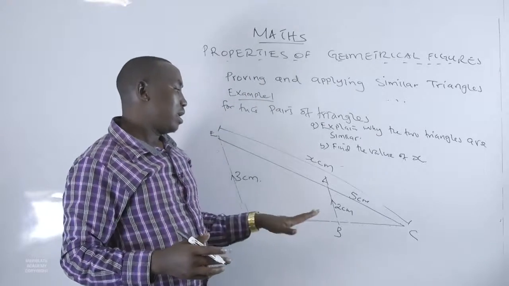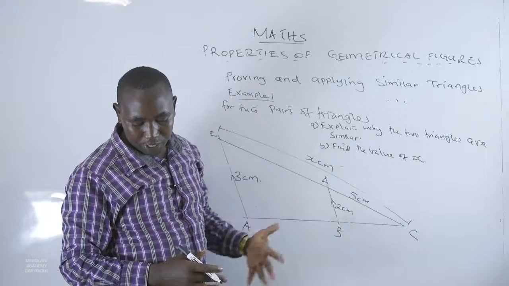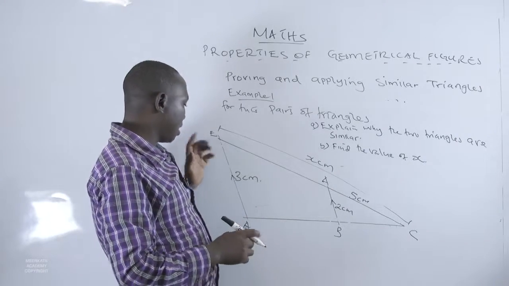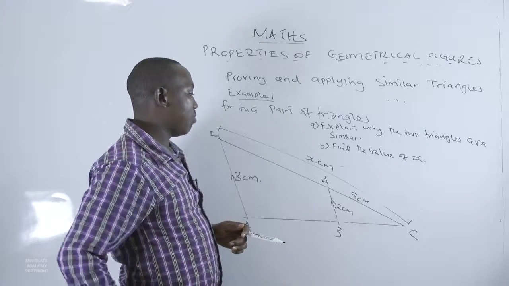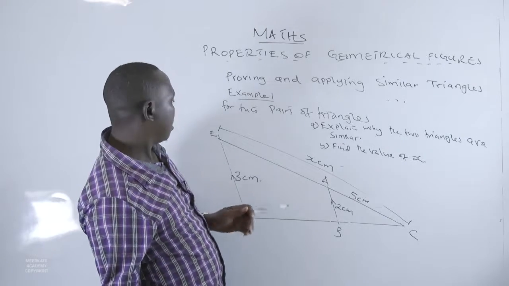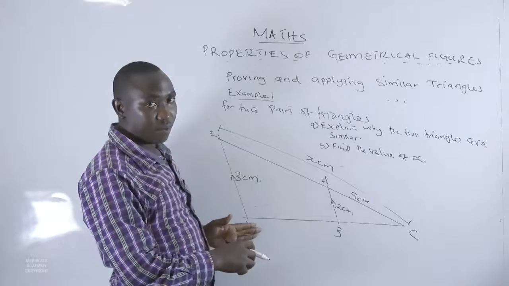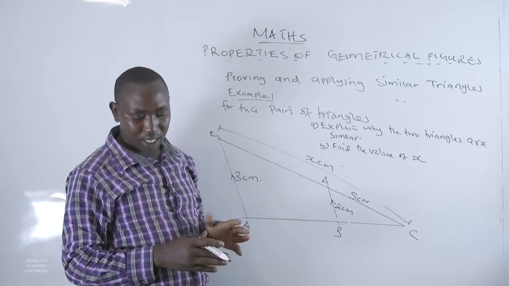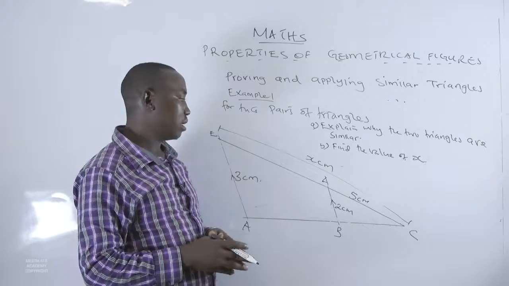Now, given this particular scenario, we are told that EA and AB are parallel. That means whenever drawn, they can never meet at any given point.